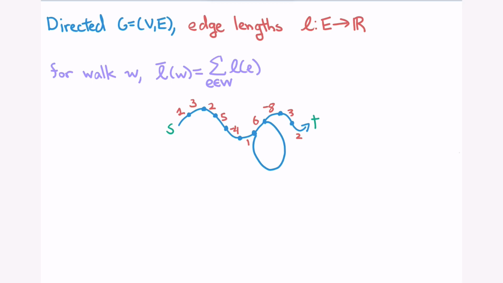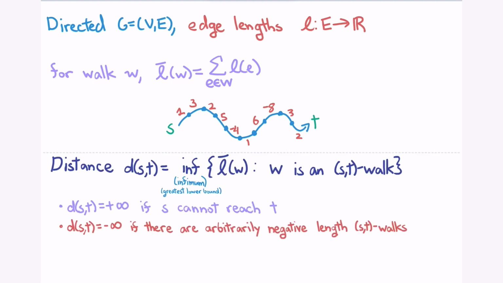So that's the length of a walk. Now I'm going to define the distance between two vertices. It's going to be, over all walks from S to T, technically the infimum over all possible lengths of walks from S to T. That basically means the smallest length from S to T. But infimum is a fancier word that says, if there is no walk from S to T, we'll give it positive infinity.